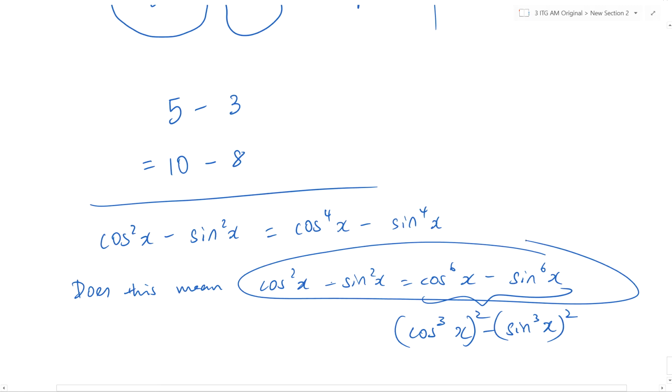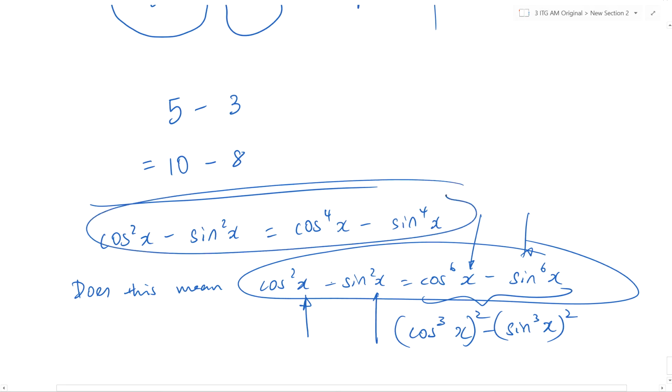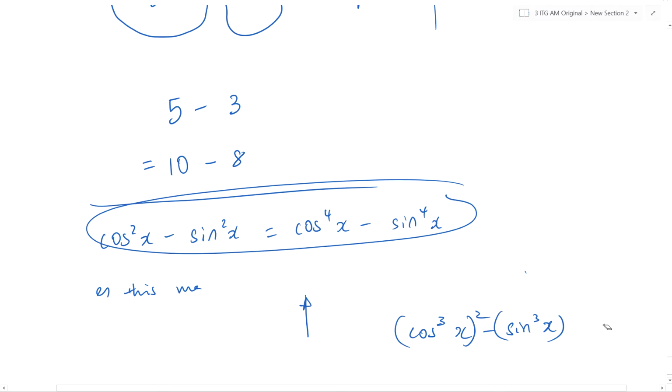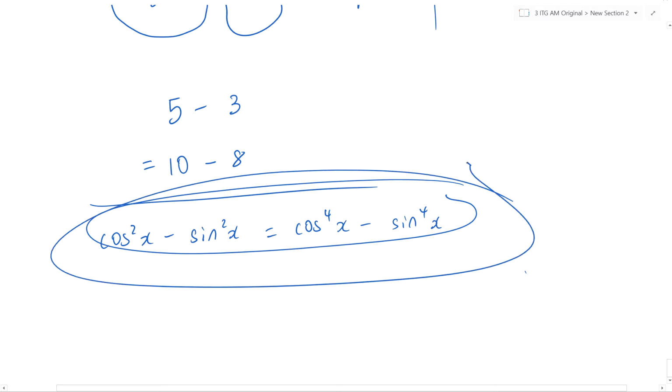To prove that it is not true, you can also substitute values. What is one? You want to sub values? Are you all just talking about this portion? Okay, what about this?